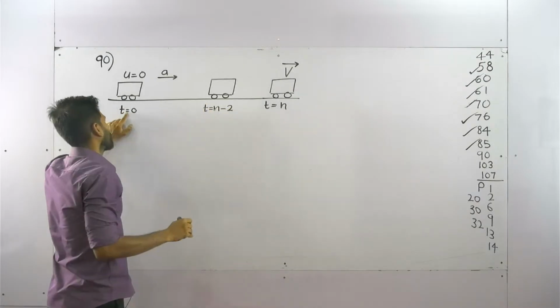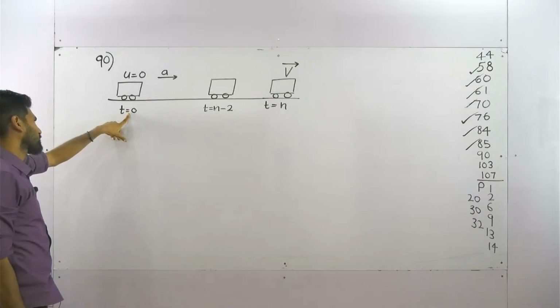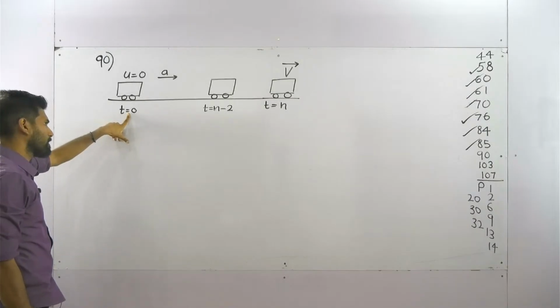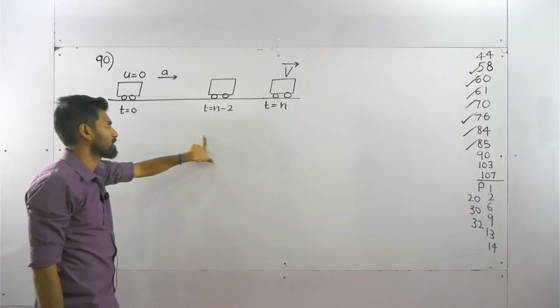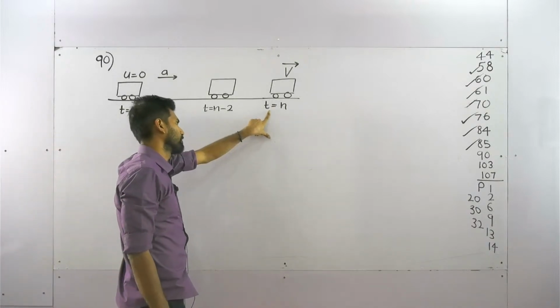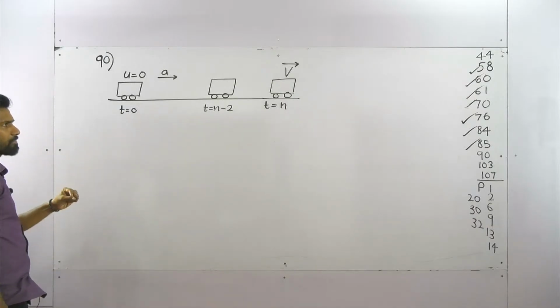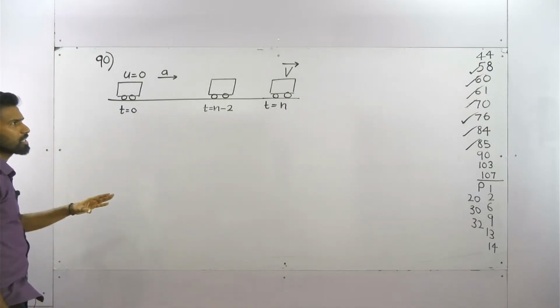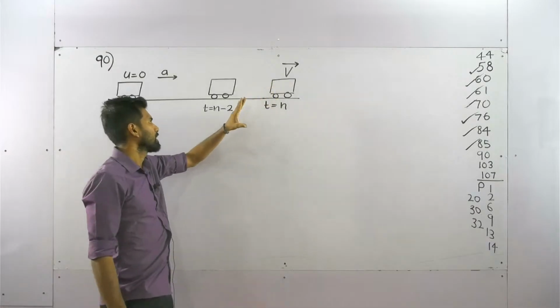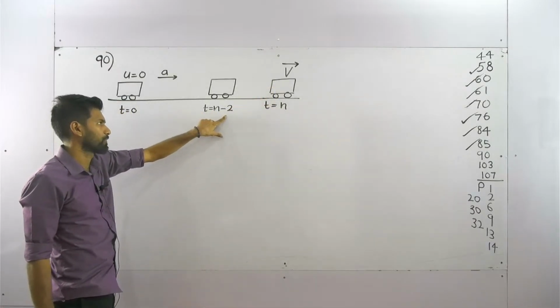We started to measure the time at t equals 0. Now it has moved to a certain displacement after time t. If we take the time 2 seconds earlier than this final situation, it's the time where t is equal to n minus 2.